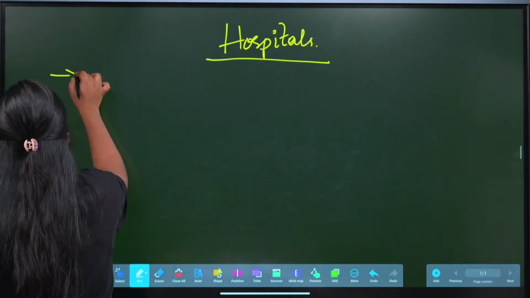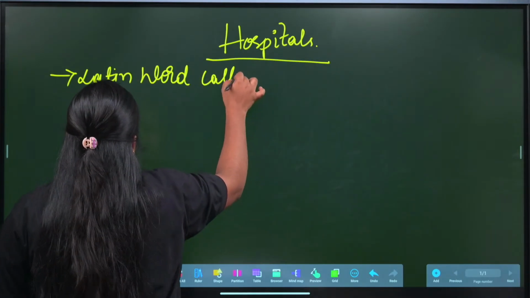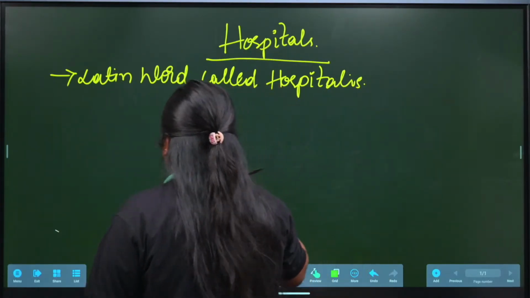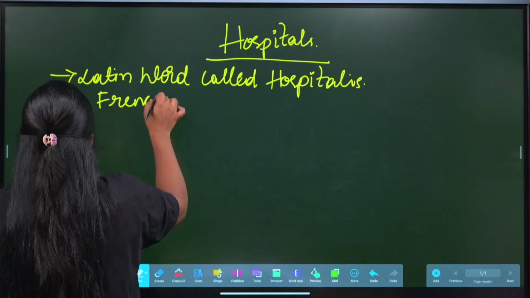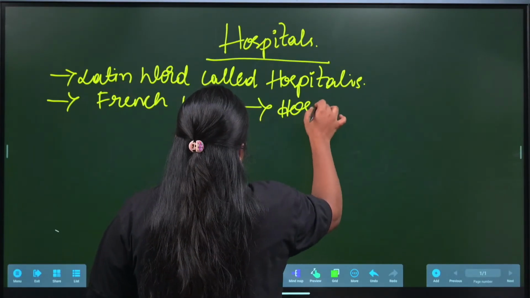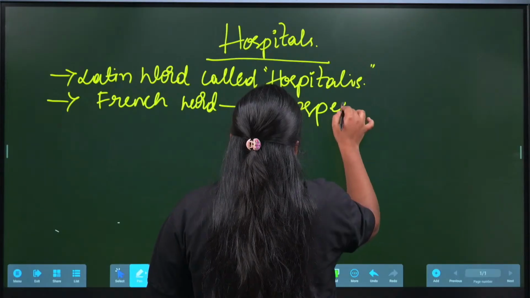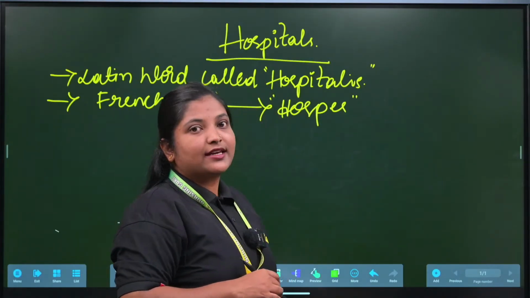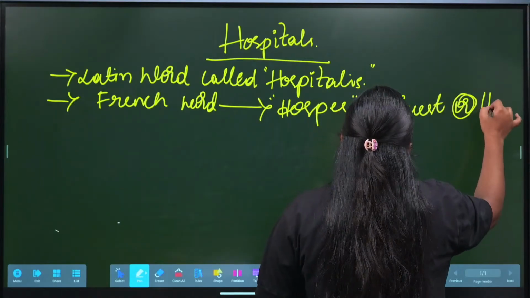Hospital is derived from the Latin word hospitalis, and from French it gives the word hospice. Hospice means guest or host.